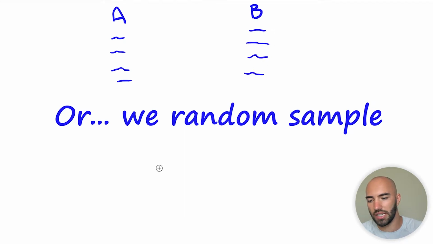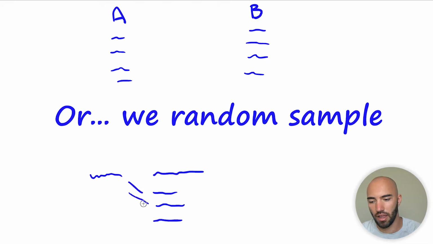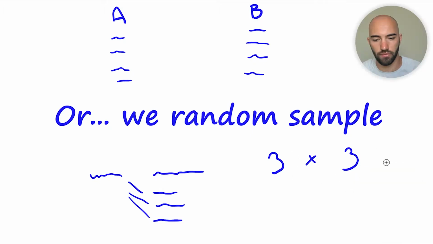Now, if we take one sentence A, it's already matched up to one sentence B. And what we can do is say, okay, I want to randomly sample some other sentence B's and match them up to our sentence A. So, we have 3 more pairs now. If we took 3 sentence A's, 3 sentence B's, and we made new pairs from all of them, so not really random sampling, but just taking all the possible pairs, we end up with 9 pairs in total, which is much better.